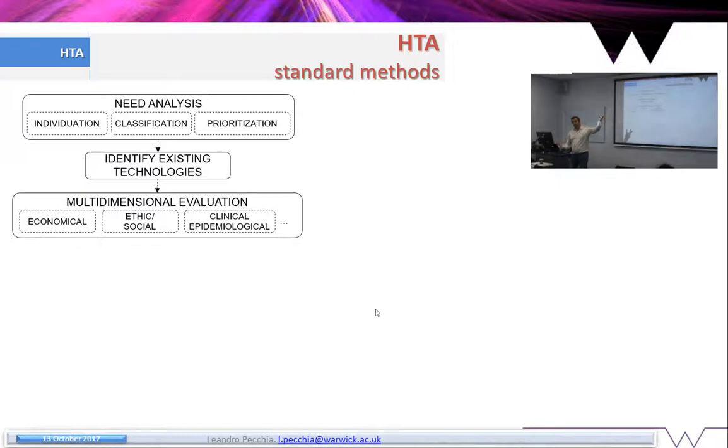To do that, I need to define a comparator which is wide enough to compare the impact on the social scale on pediatric patients versus the impact on the social scale of geriatric patients. So it's not easy, and I need to consider the impact on society, because the society is paying for this intervention.